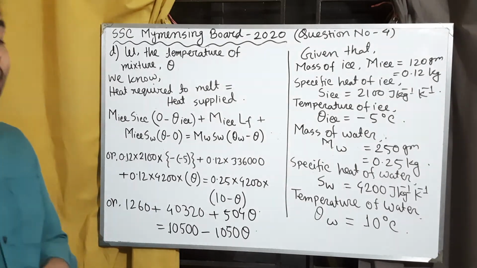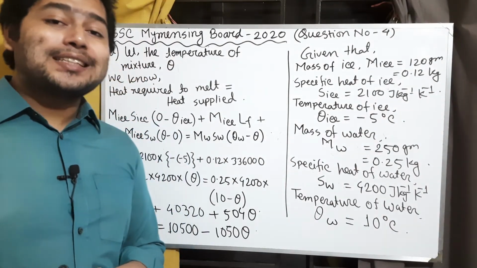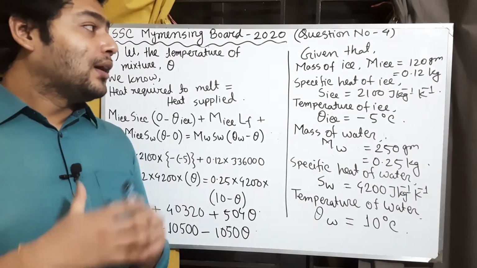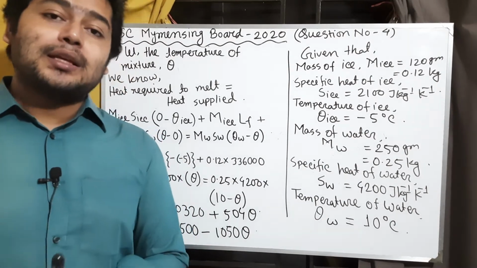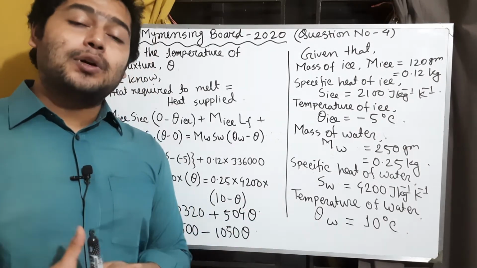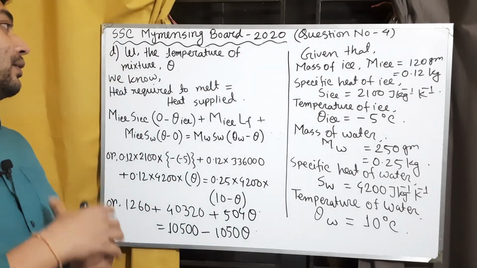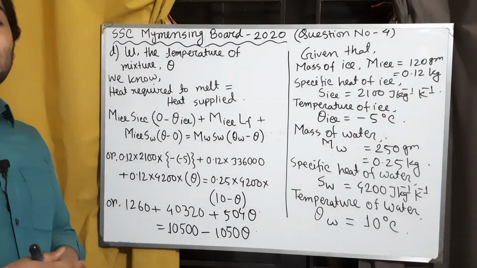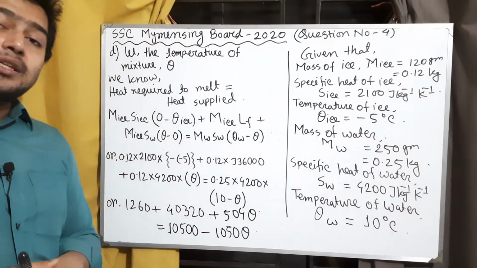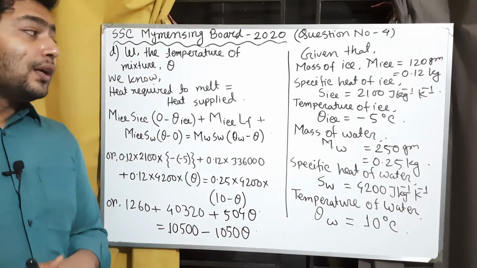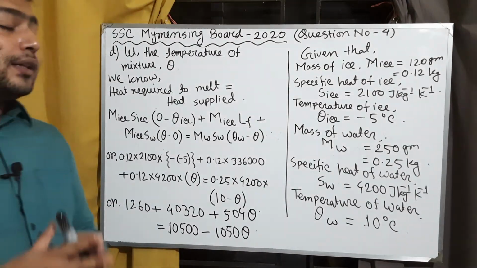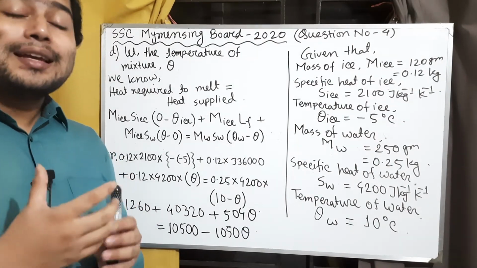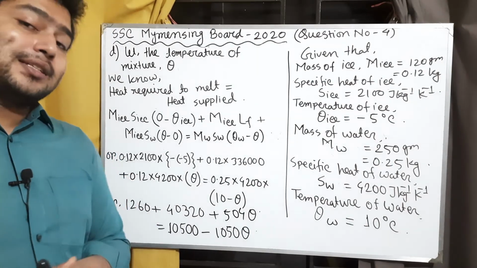And water will release heat in one step: the 10 degree Celsius water will turn to the temperature of the mixture. So here the main point is that the ice will gain heat in 3 steps.